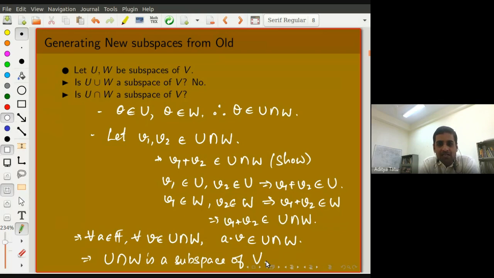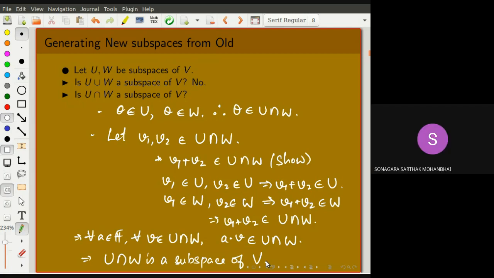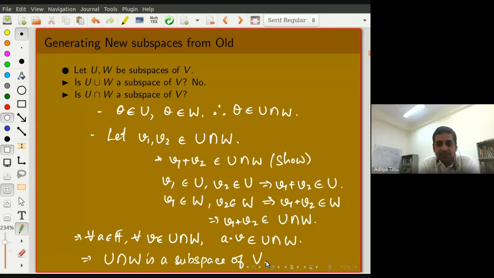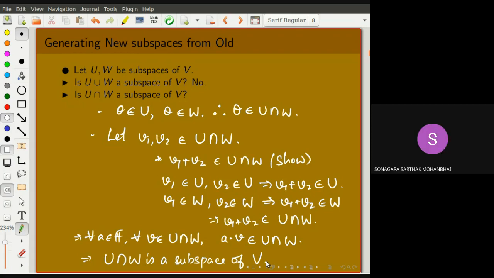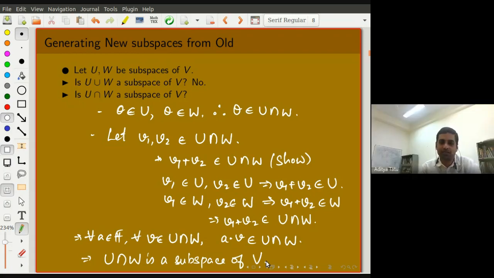How about this scenario? The vector space V, is it an abelian group? Yes. With respect to addition, it is. So then, how can we generate a new subgroup or a subspace in this space? U plus W, right? It's the same as HK.